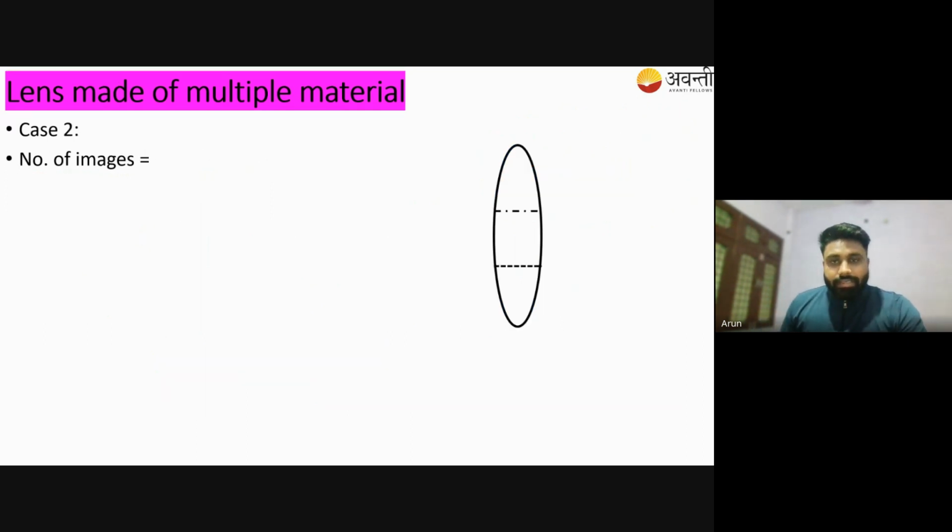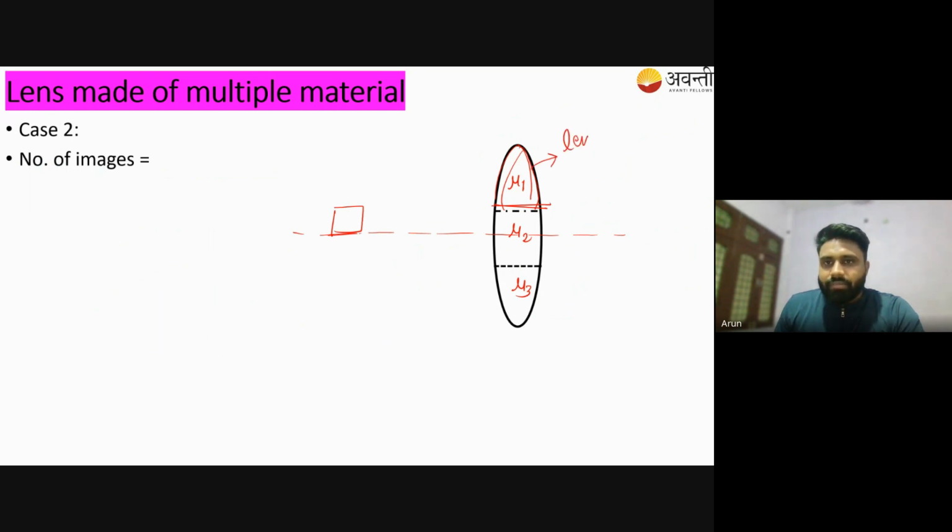Now, in the next case, suppose the upper part of this lens has a refractive index mu1, the middle portion has a refractive index mu2, and the lower portion has a refractive index mu3. Then how many images will form? You will see, if the object is present here, the mu1 section will behave as a different lens.